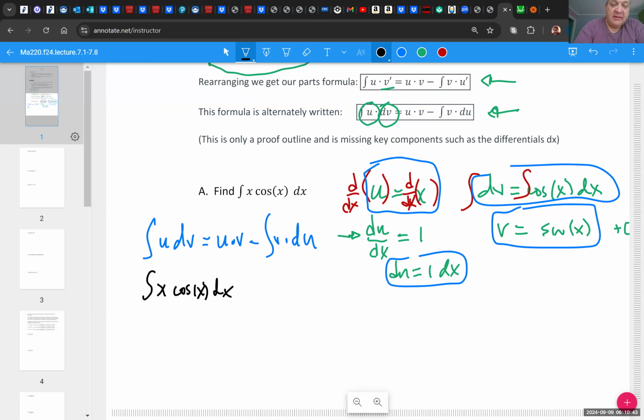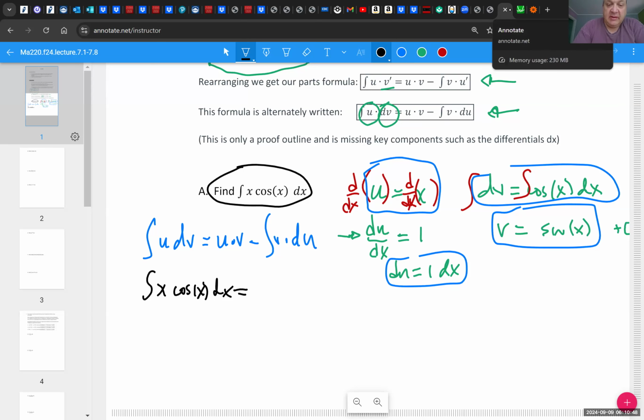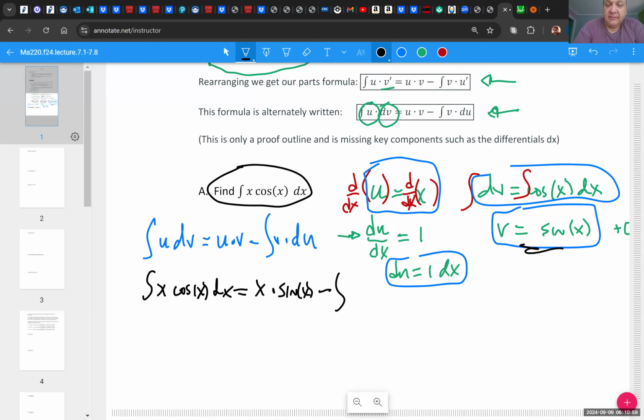And that just verifies that on the left-hand side, we have what we're trying to find. So that's correct. And then we get u times v. So u is x. V is over here, it's sine x. And we get minus the integral of v, which is over here, sine x, times du, and du is 1 dx.